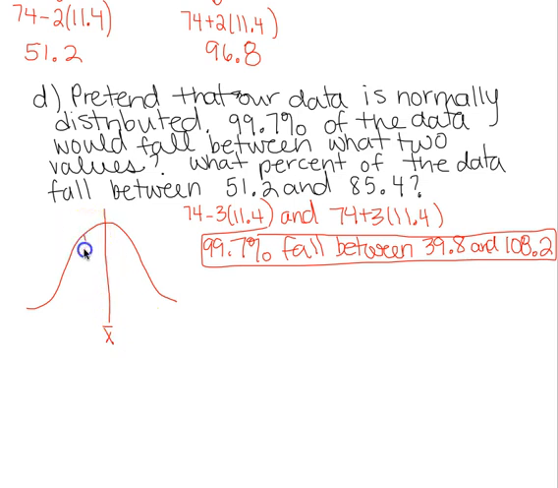So again, what we had written out in class is that we know that 68% of the data fall within 1 standard deviation of the mean. And so we wrote, okay, that means it's 34% on both sides.